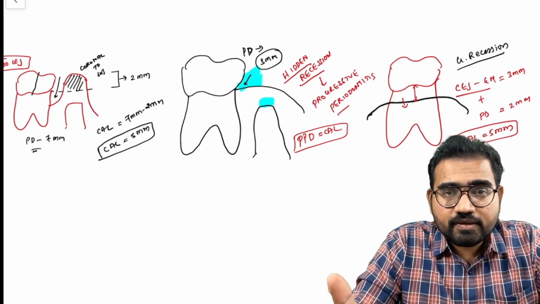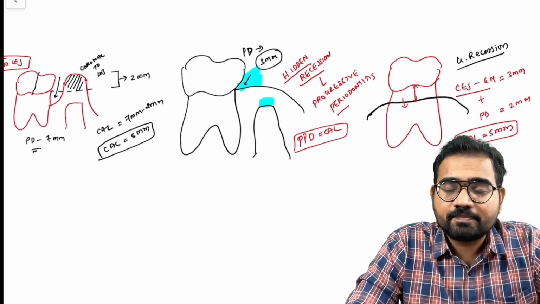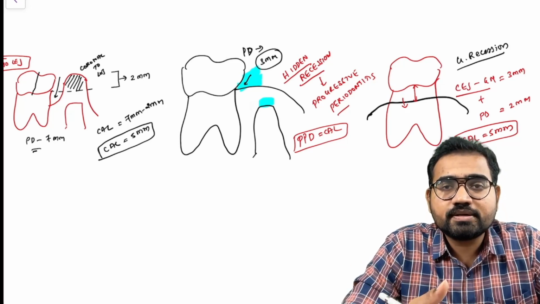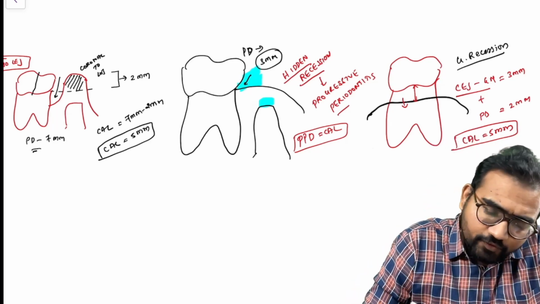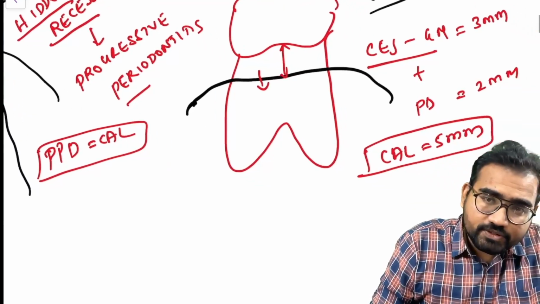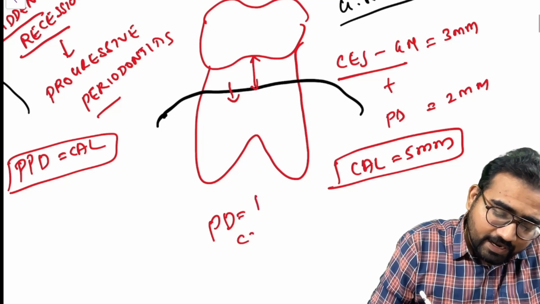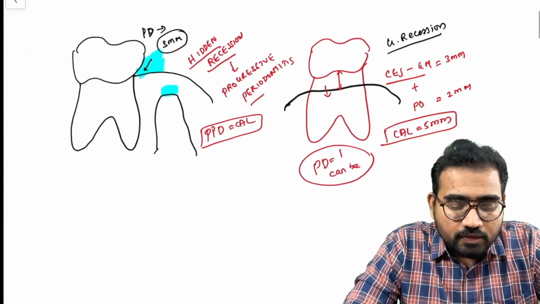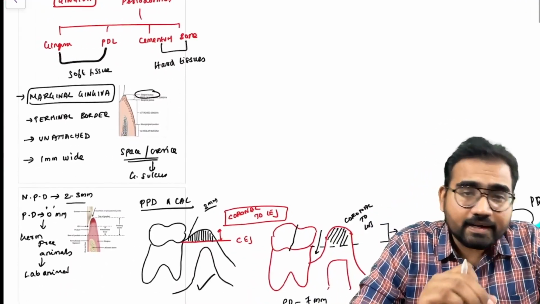And a patient who is having gingival recession, that is the marginal gingiva migrated apical to the level of CEJ, I'm going to add the distance from the CEJ to the gingival margin to the probing depth. So only for these patients the probing depth can be 1. Okay, so this is how you calculate PPD and CAL.